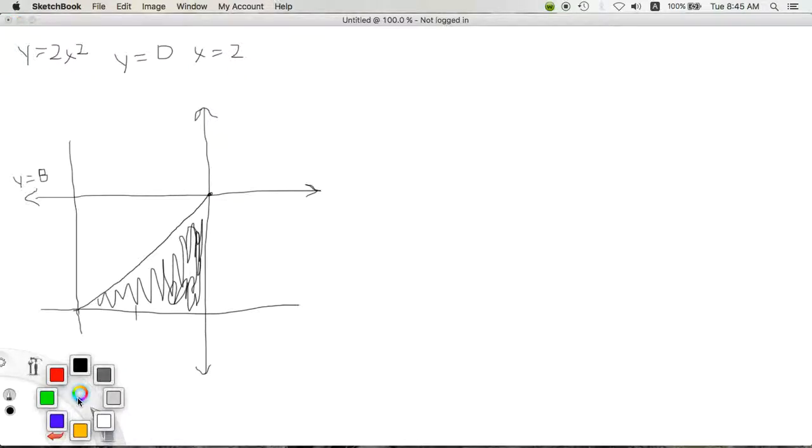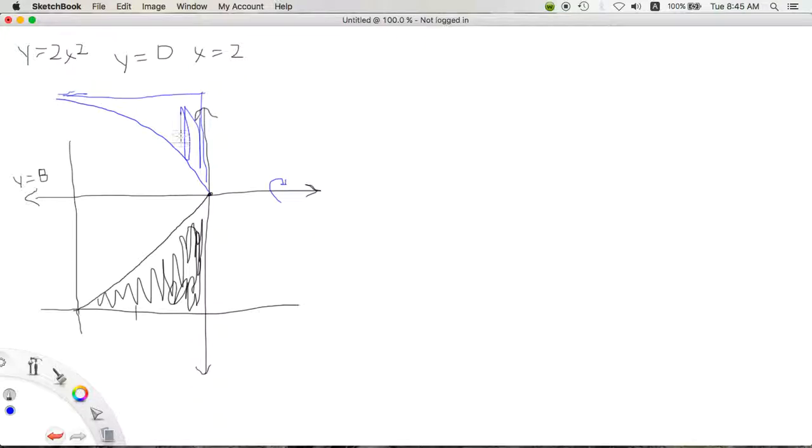So if we're going to revolve it around the line y equals 8, then we'll end up with something like this, which again gives us a washer, because remember we're perpendicular to the axis of rotation. And we draw in our washer. We see we've got this hole in the middle, so we need a hole in the middle of our disc, so it gives us a washer.